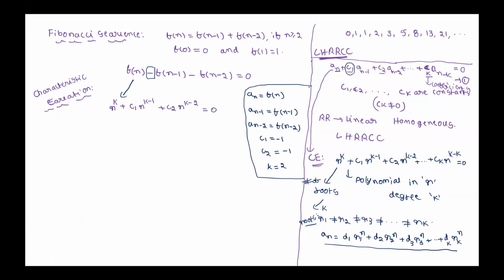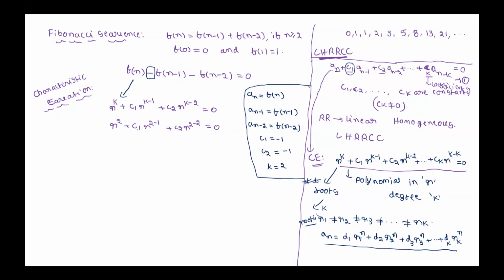Is it of this form or not? Because if you compare, what is the k value? Now we know that it is 2. So r square plus c1 into r power 2 minus 1 plus c2 into r power 2 minus 2 equals 0.